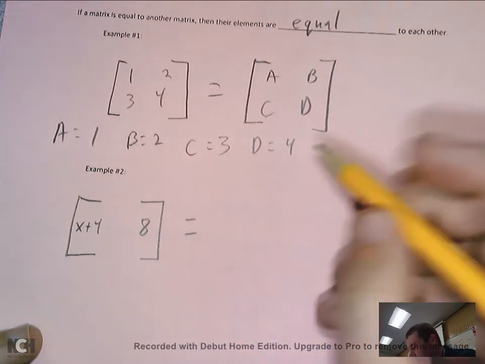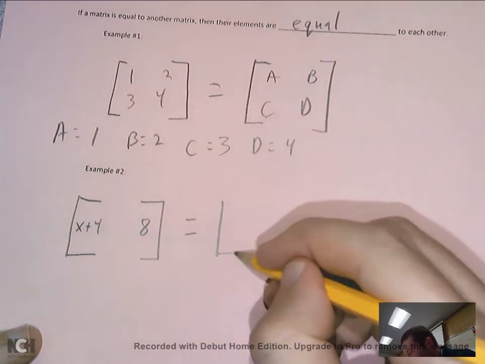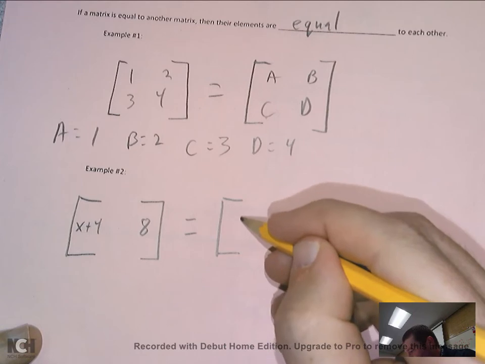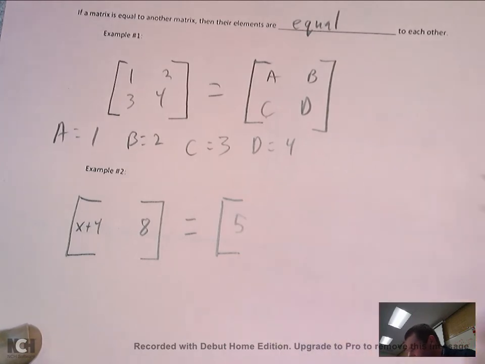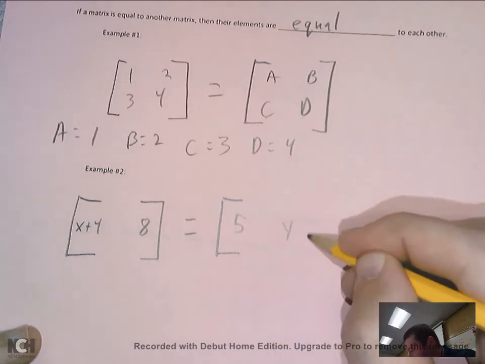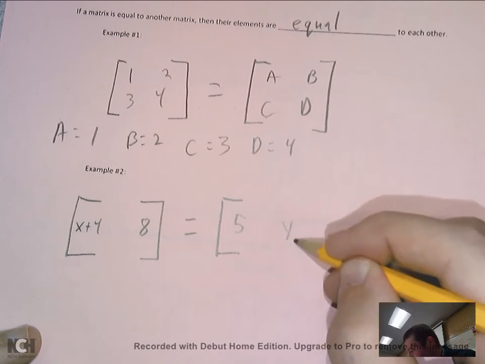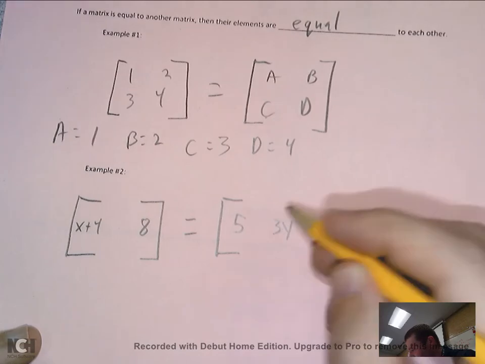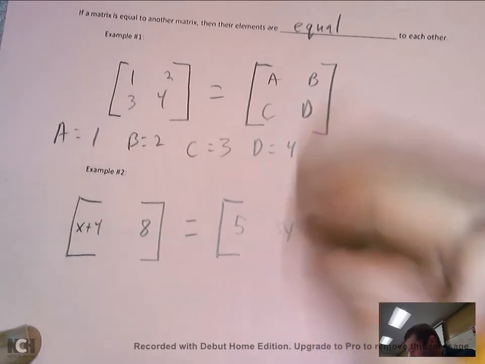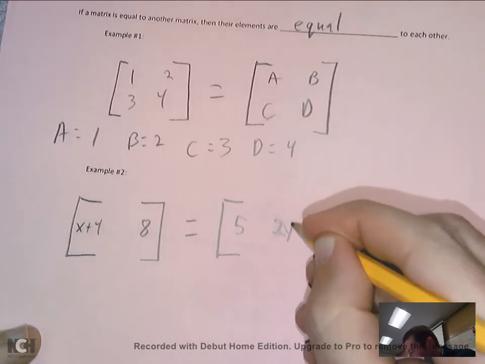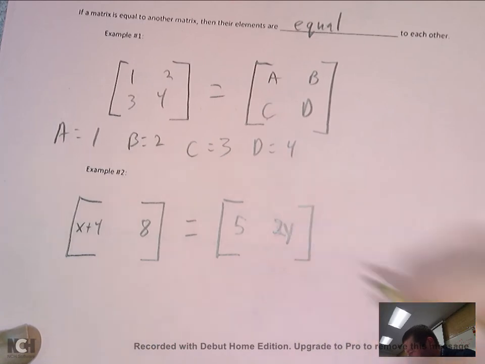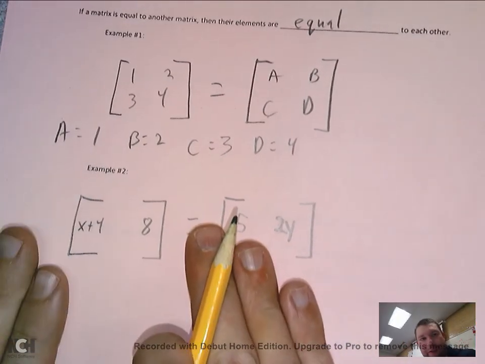And it's equal to 5 and 2y. Let's not make it hard on ourselves. Okay, 2y. Okay, so again, these elements are equal to each other.